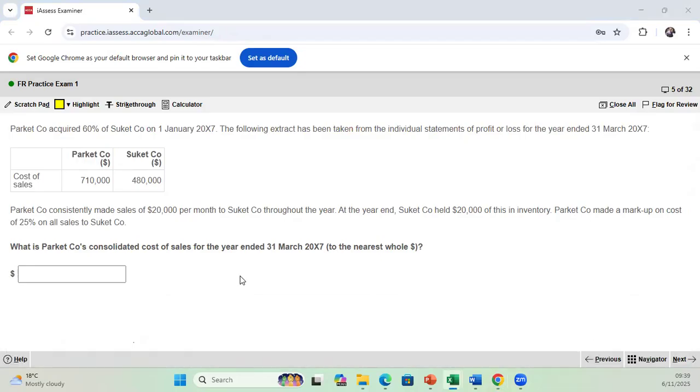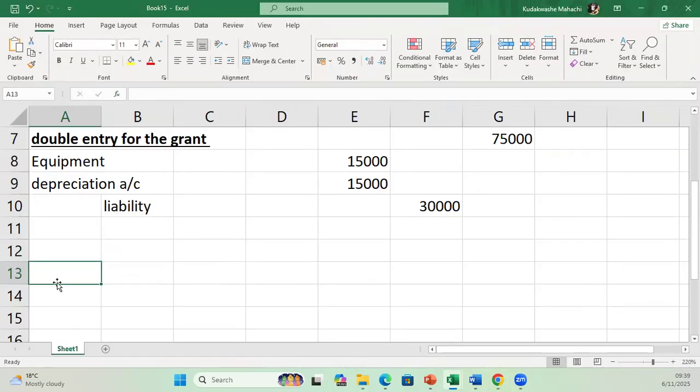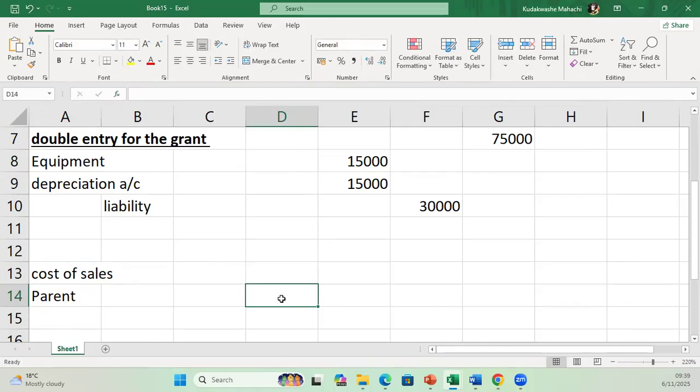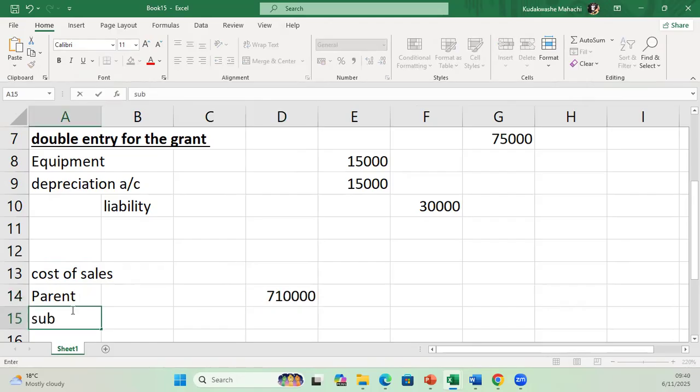So for my cost of sales, the parent in full, which is how much? 710,000. Then plus the subsidiary post-acquisition.